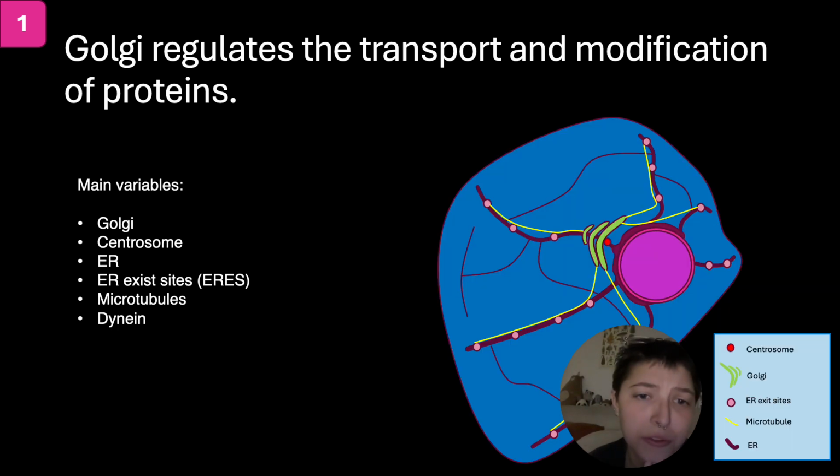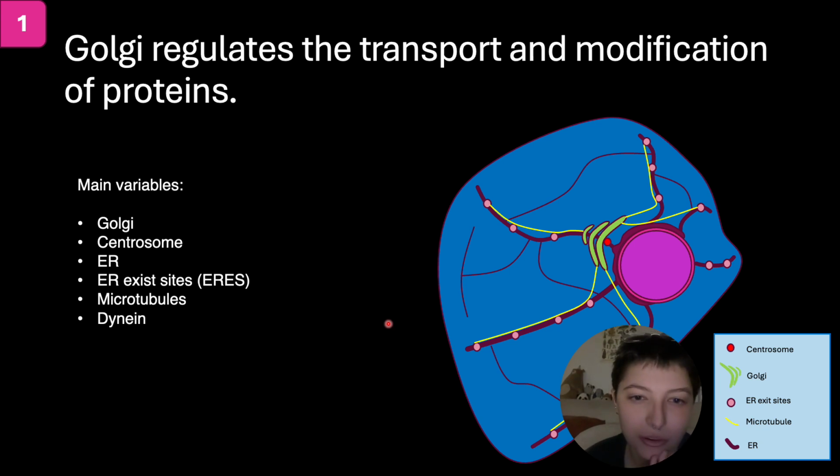I want to go through an overview of the actors in the play. So we have our Golgi, which we just talked about, and then we're in the average cell, right? G1 cell phase, epithelial cell, I think, is what I worked with.